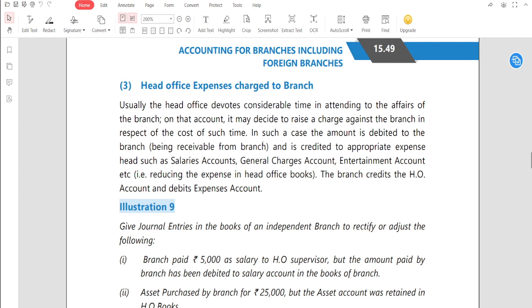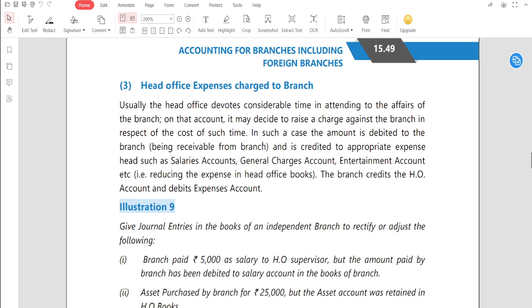In such a case, the amount is debited to the branch being receivable from branch and is credited to the appropriate expense head such as salaries account, general charges account, entertainment account, etc. That is reducing the expenses in the HO books. The branch credits the HO account and debits the expense account.